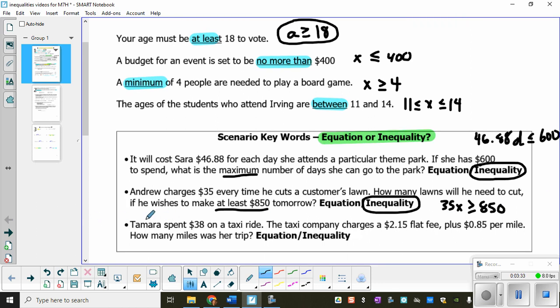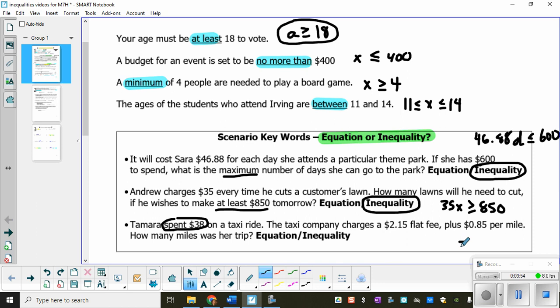Now we have another problem here that says Tamara spent $38 on a taxi ride. The taxi company charges $2.15 as a flat fee. Basically, when you get into the cab, there's already that money on the monitor. And then they're going to charge 85 cents per mile. How many miles was her trip? So see, this time, y'all, it told us that she spent 38.